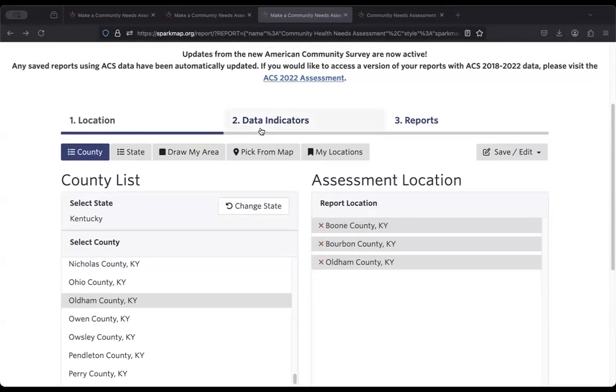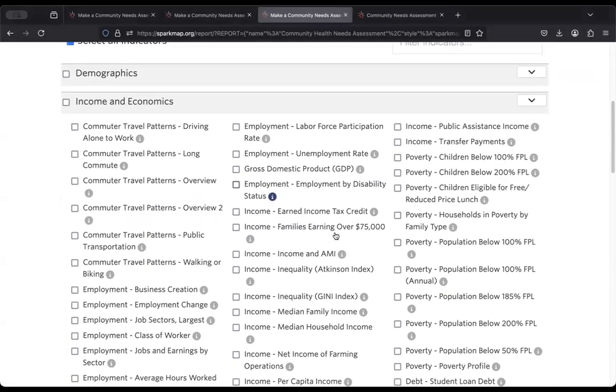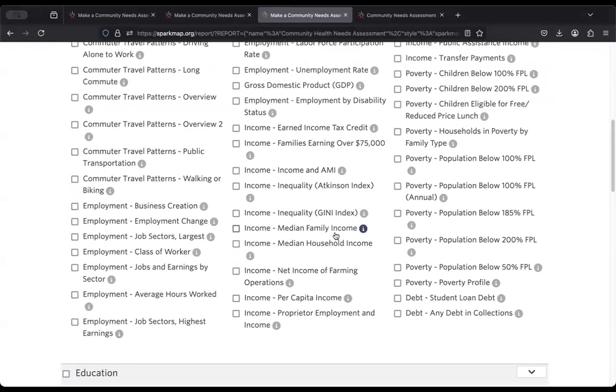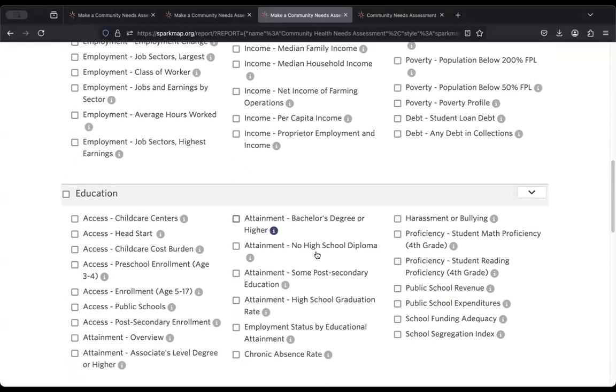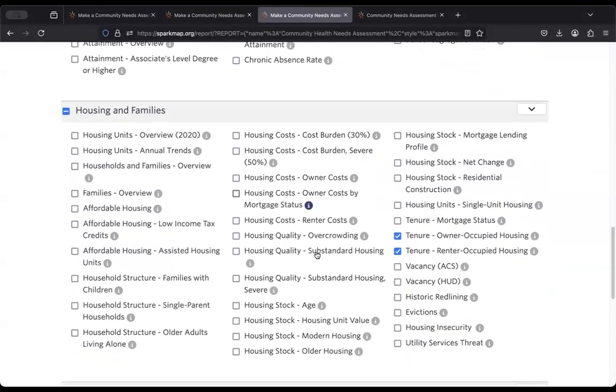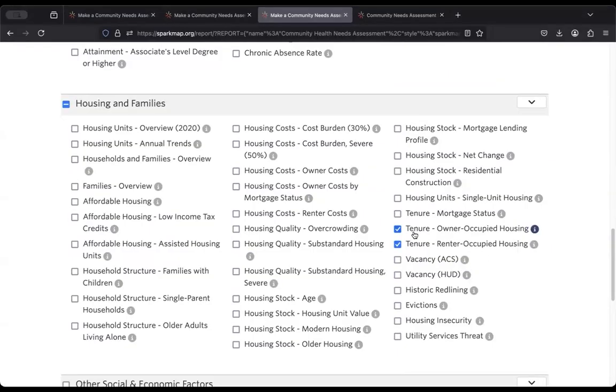Again, I've just selected these counties and I've gone to select my data. So there's a couple of indicators under the housing and family section that I want to look at. Tenure on owner-occupied housing, so people who own their homes, versus renter-occupied housing. So those are the two that I'm going to look at.